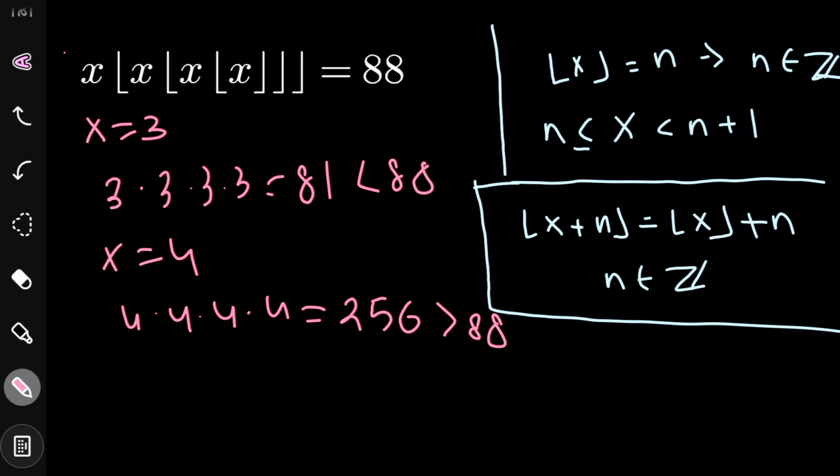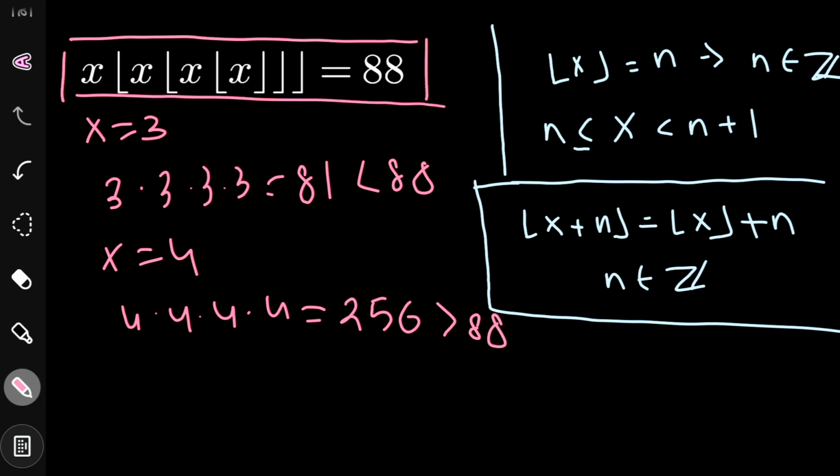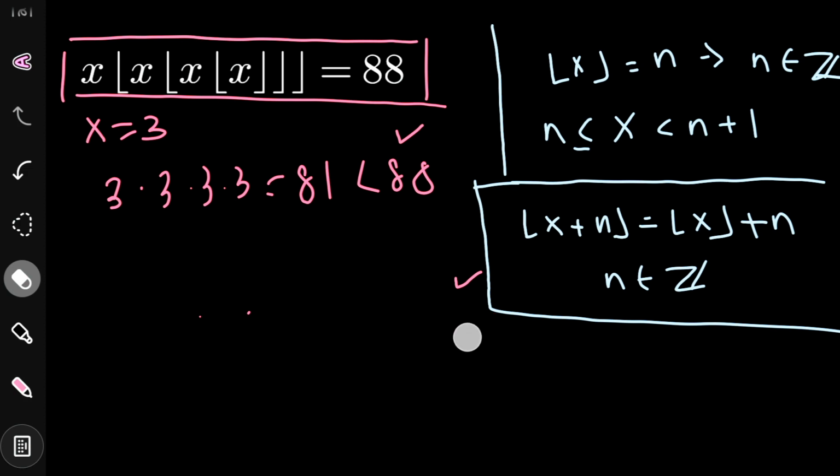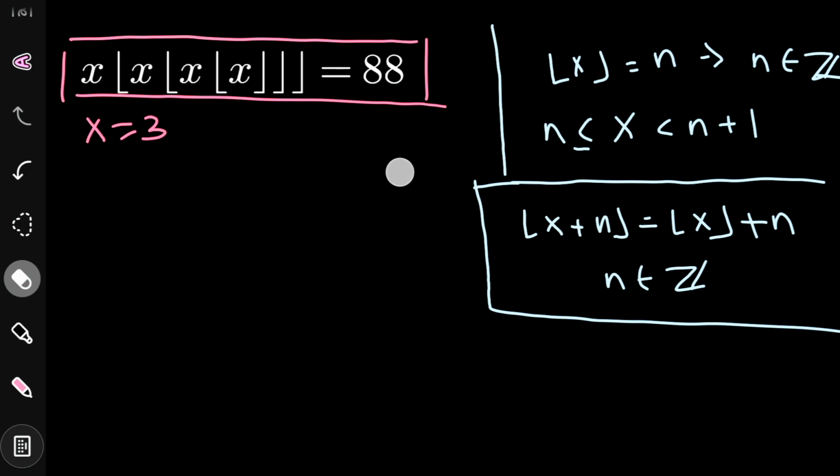So for x equal to 3 the left hand side is less than 88, and for x equal to 4 it is greater than 88. This means the value of x that will satisfy this equation will ultimately lie between 3 and 4.